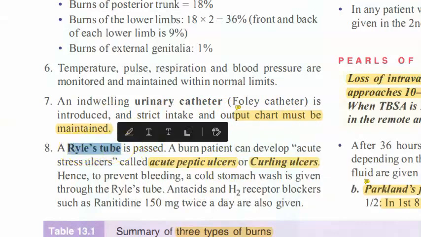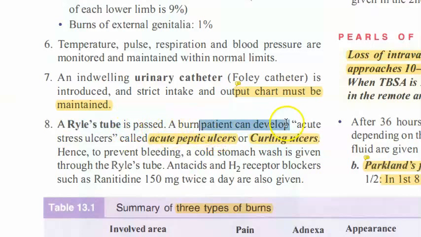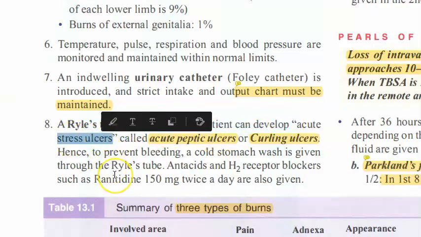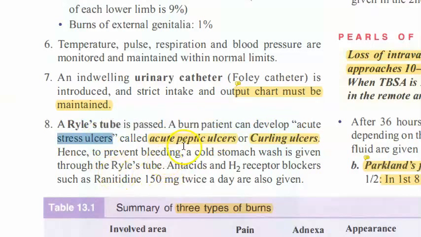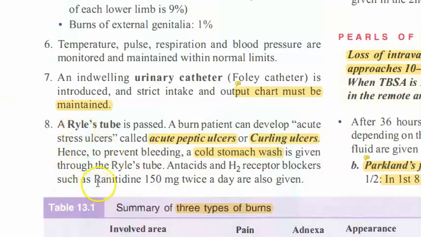Then Ryle's tube is passed. This is your nasogastric tube. They can develop acute stress ulcers, also called acute peptic ulcers or Curling ulcers. So to prevent bleeding, they are giving a cold stomach wash. That's why they are giving a Ryle's tube.